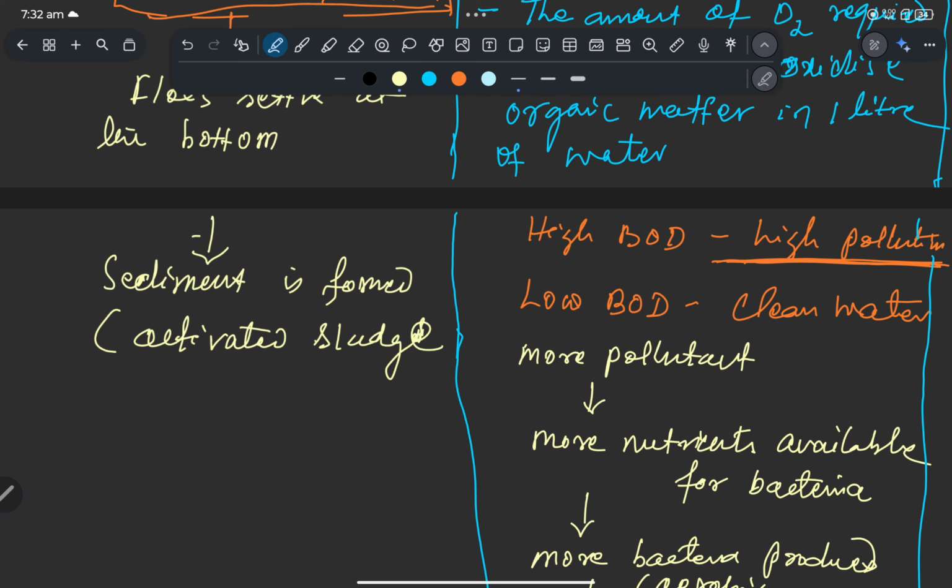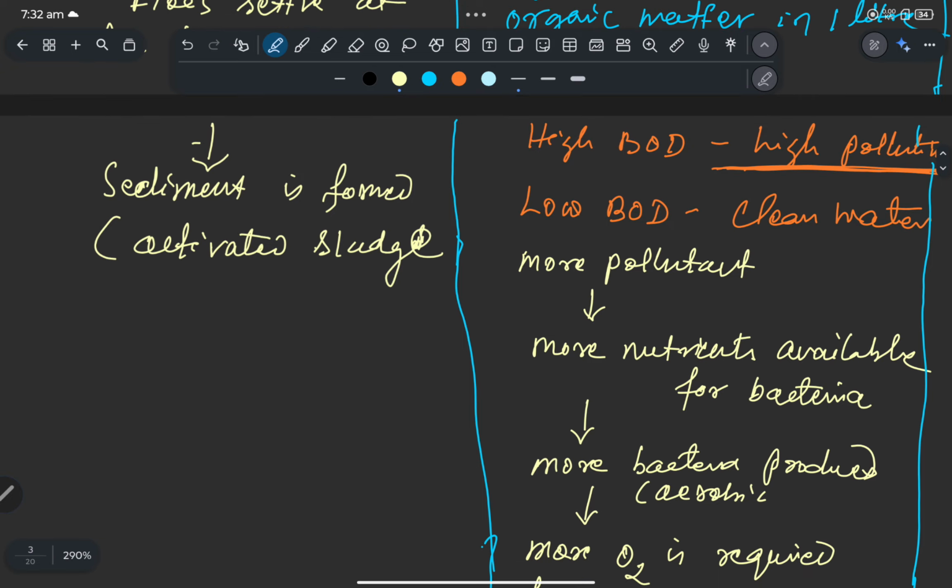So when the flocs are formed, that is the masses of bacteria and the fungi, when they settle down after decomposing the organic matter, they form the sediment, and that sediment is known as activated sludge.